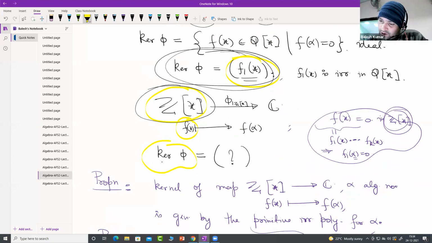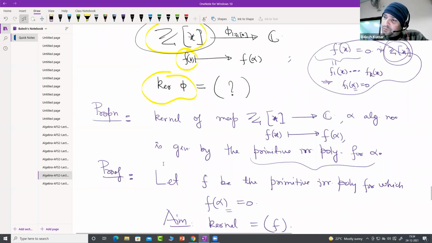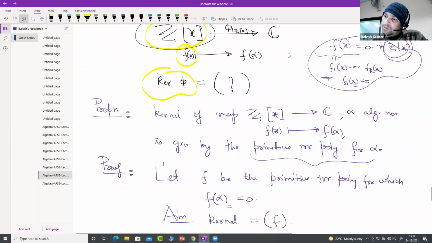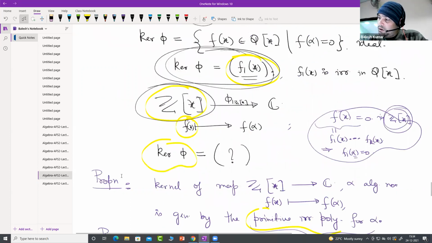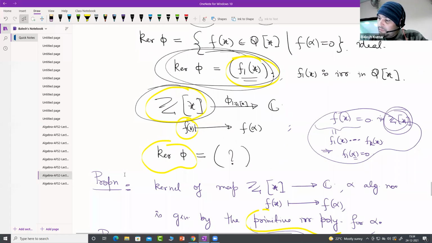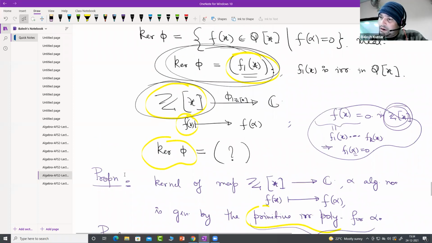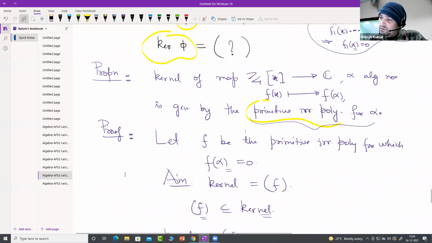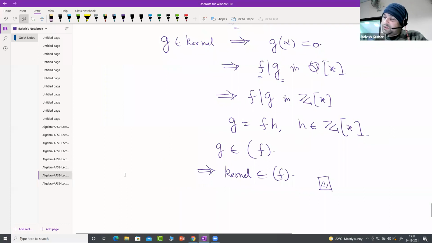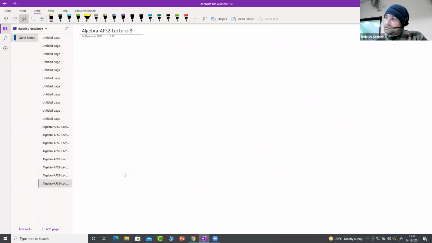But it turns out, by the proposition we have proven, that the kernel will be precisely a principal ideal generated by the primitive irreducible polynomial for alpha.